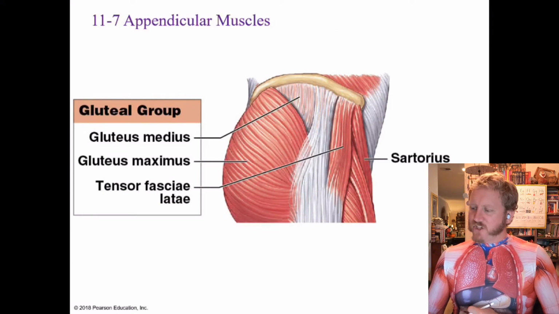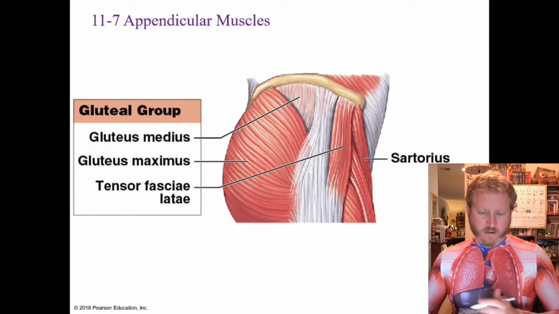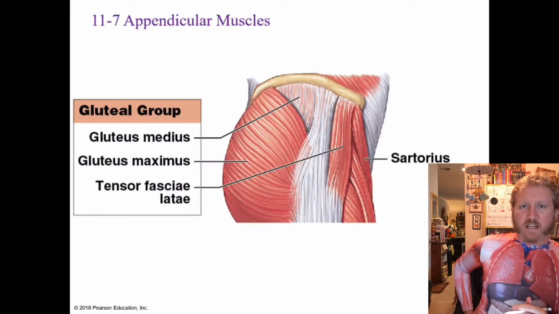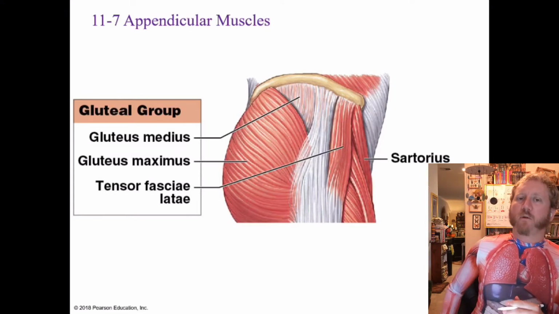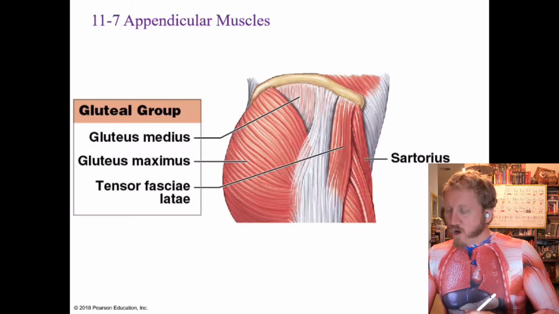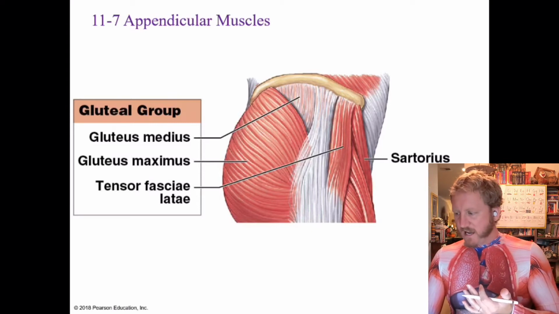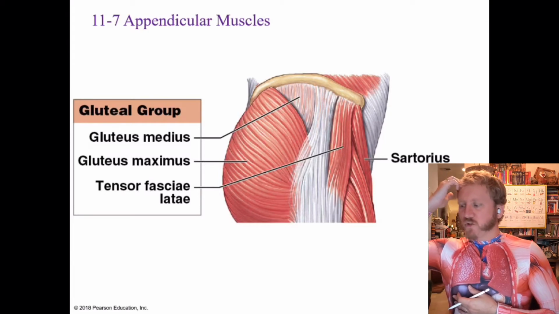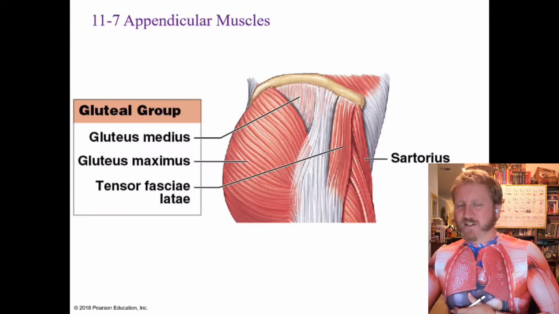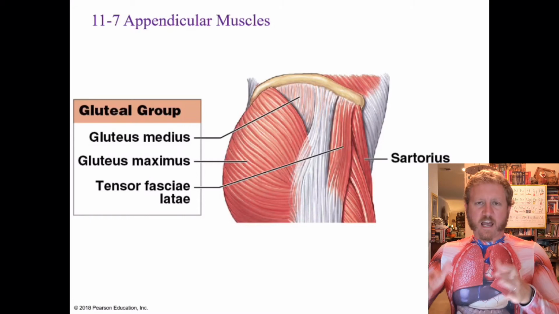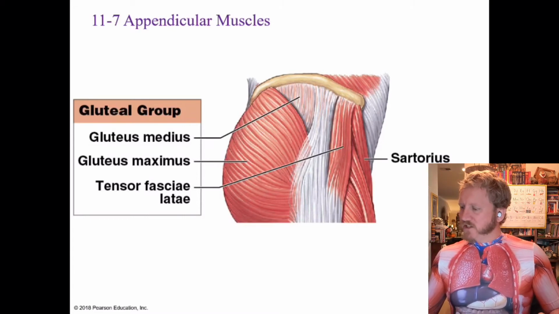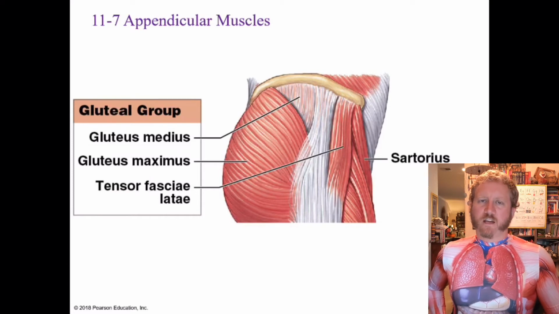The tensor fasciae latae, which is this side muscle right here on the lateralmost part of your hip, works with the gluteus maximus, and it pulls on the iliotibial tract of the lateral surface of the thigh. And so it helps with the extension of the hip and the rotation.